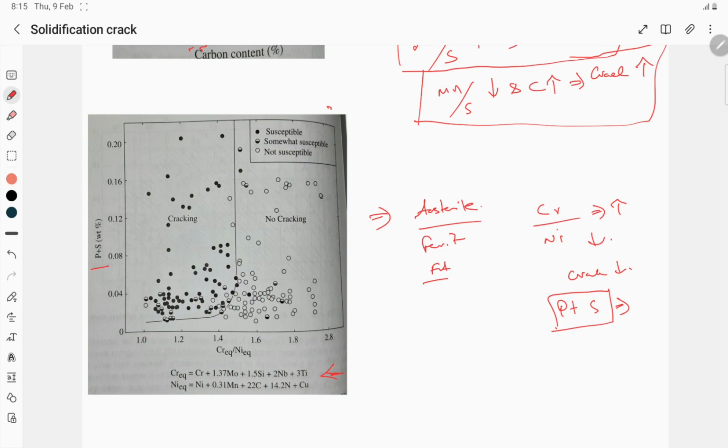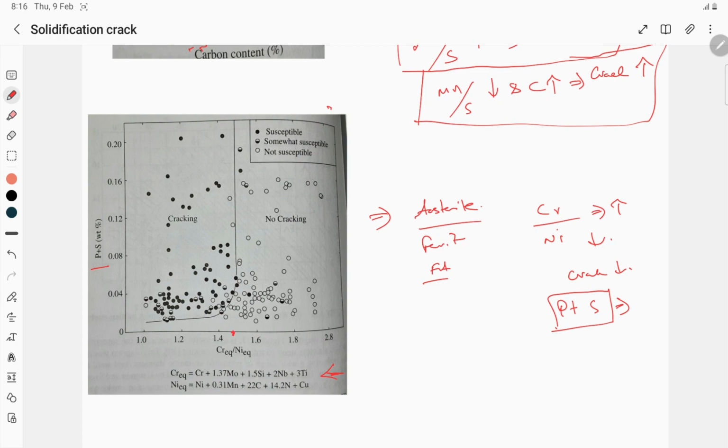After crossing this ratio of 1.5, you can see that the unfilled bubbles mean not susceptible, and the black circles are susceptible. After 1.5 most of the bubbles are unfilled, which means there is no possibility of cracking, irrespective of the percentage of phosphorus and sulfur.